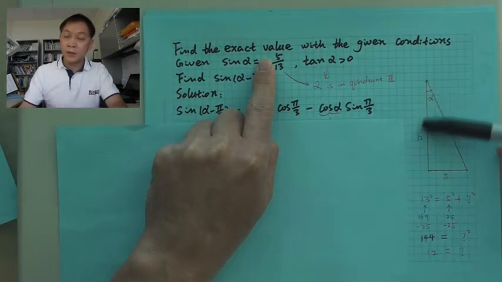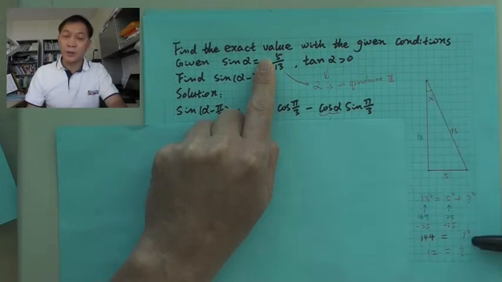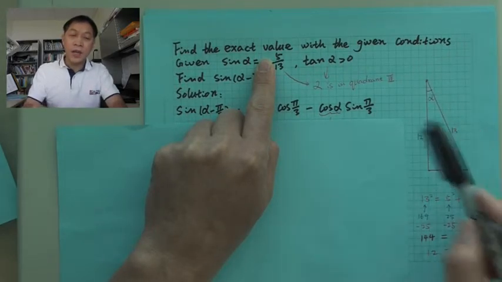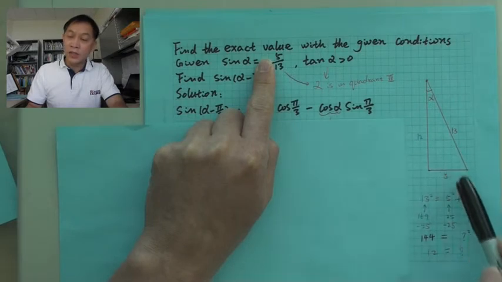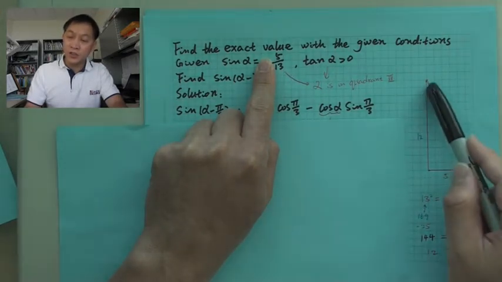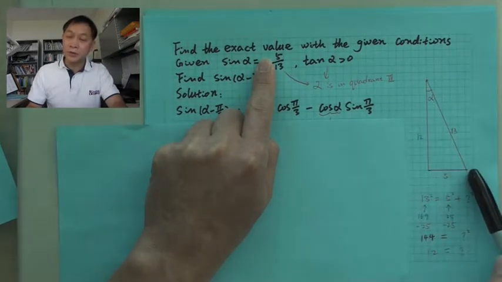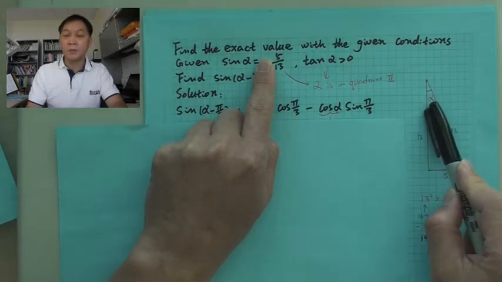Then you have a right triangle. Remember, sine is opposite side over hypotenuse. So alpha must be here.